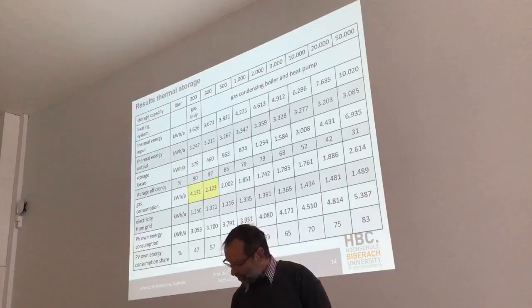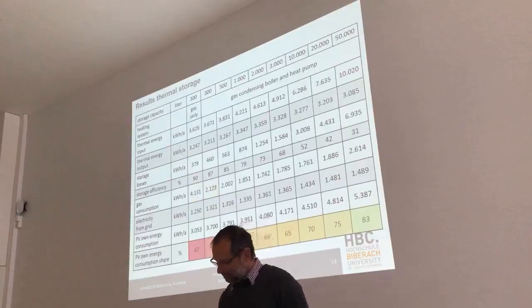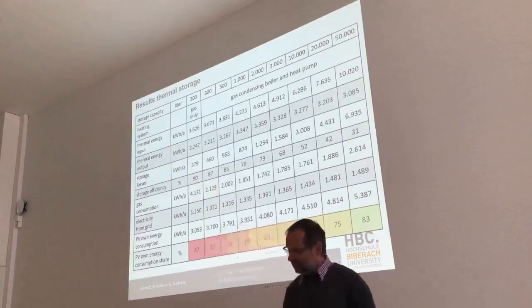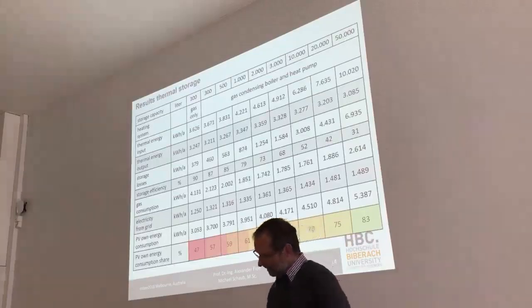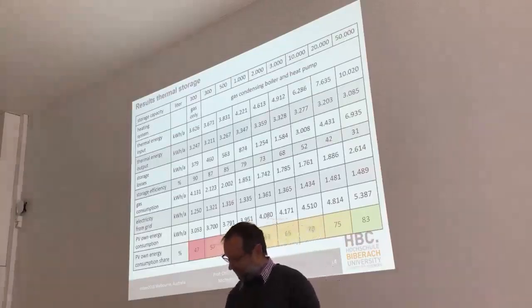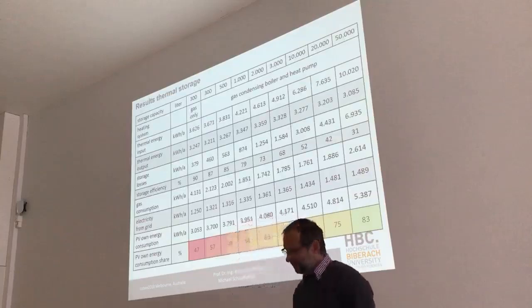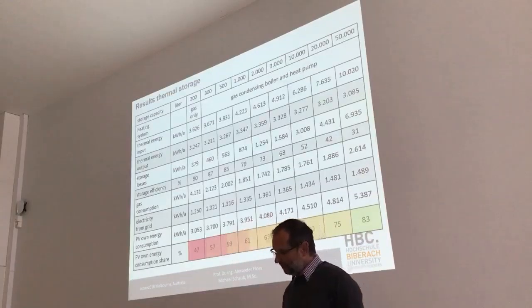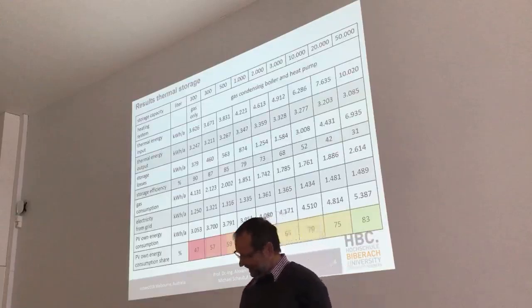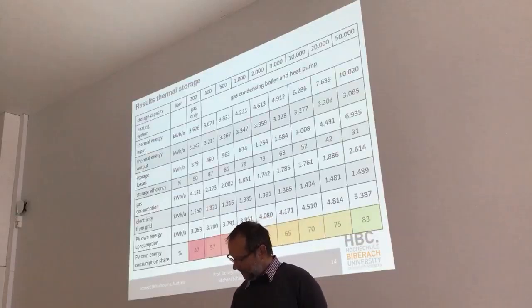Expanding the storage tank size increases the PV own energy consumption. With a 50,000 liter storage tank, a PV own energy consumption of almost 85% was reached, which means that most of the PV electricity can be used on site.